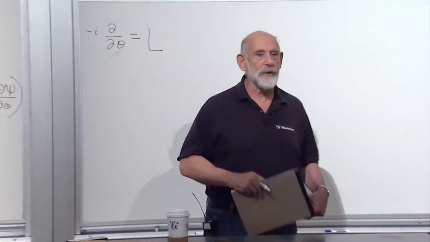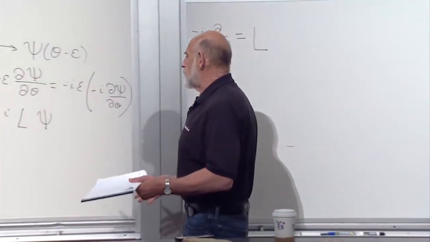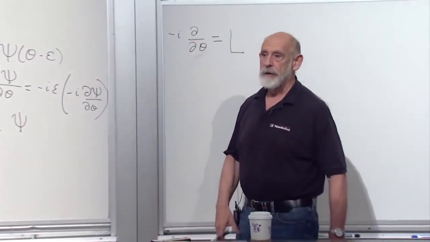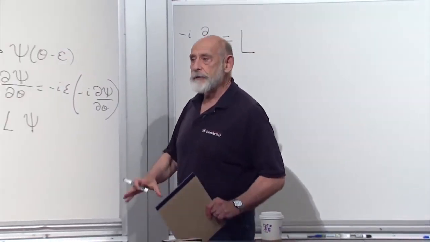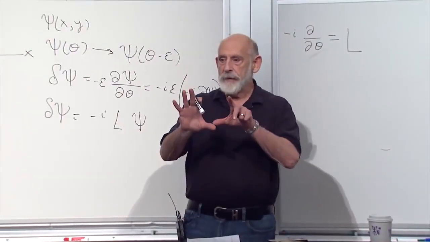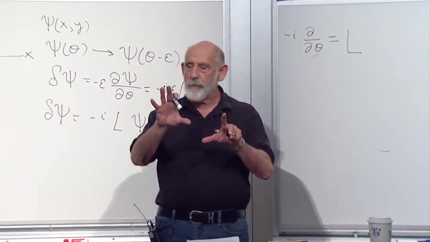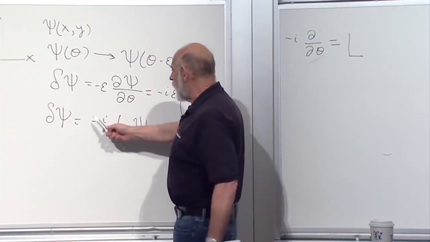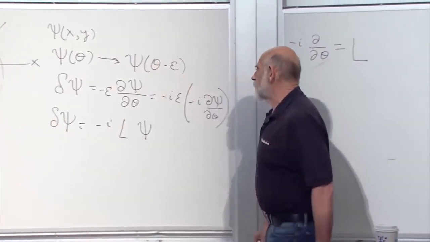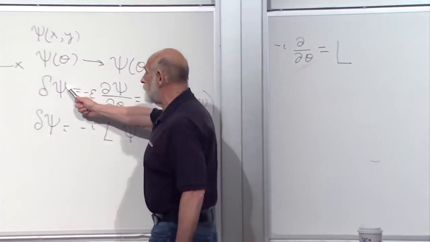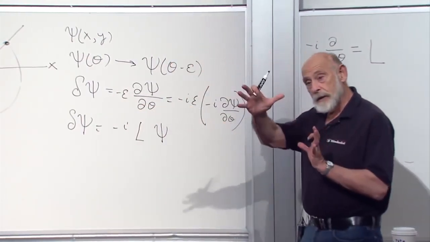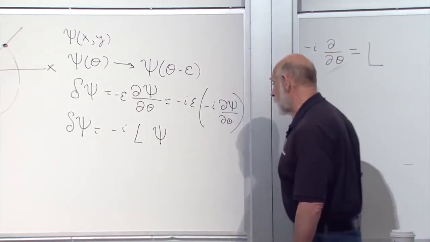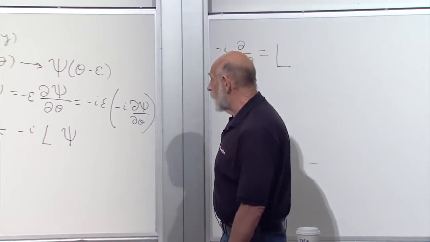If you can't remember the precise definition, let's just say this is the definition of the generator of a symmetry operation. If the symmetry operation has a version of it for arbitrarily small parameter, in this case angle, then the generator is defined in terms of the small change in the wave function when you shift by an infinitesimal amount. Don't we need the i? I did lose an epsilon.